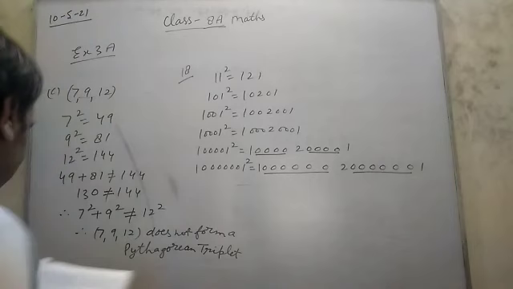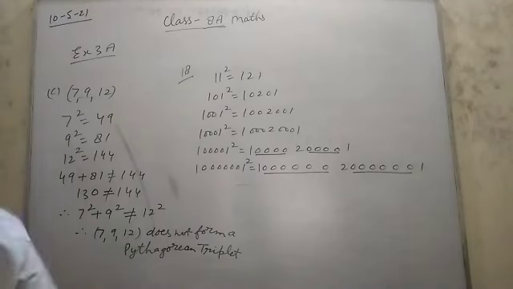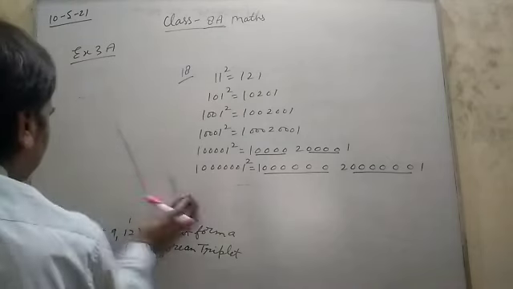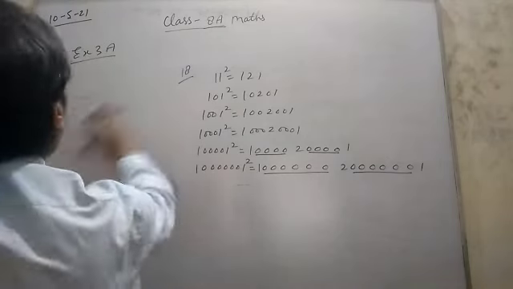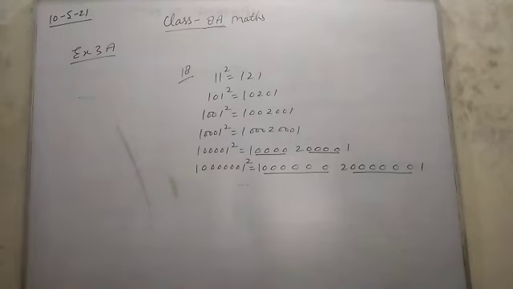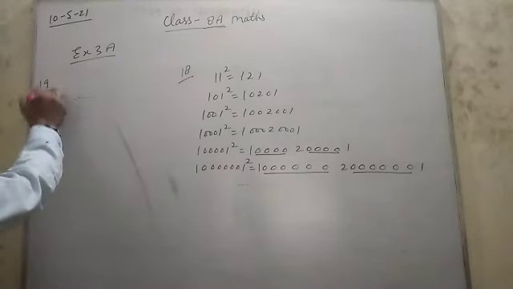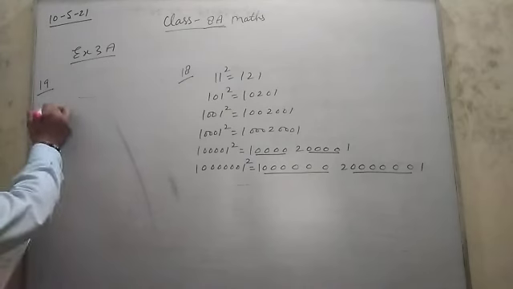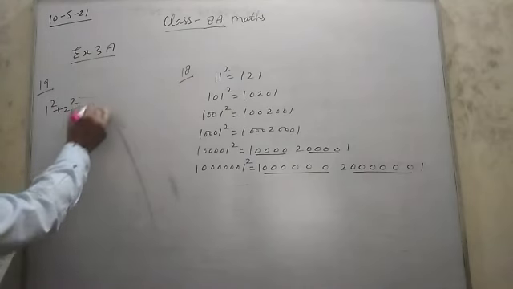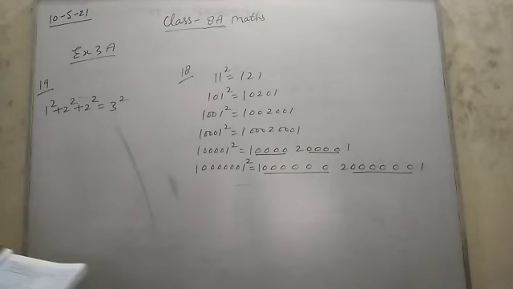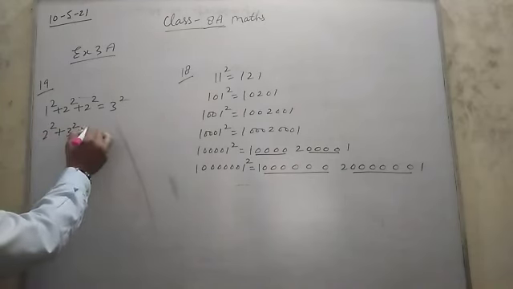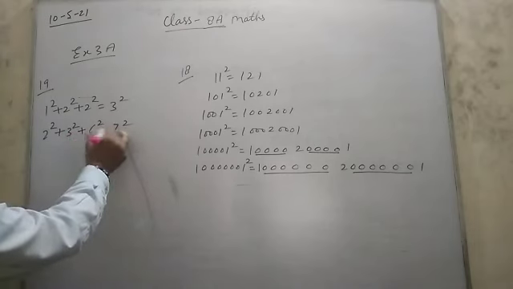Then 19, the last question of this exercise. Using the given pattern, find the missing numbers. First one is given: 1 square plus 2 square plus 2 square is equal to 3 square. Second one: 2 square plus 3 square plus 6 square is equal to 7 square.